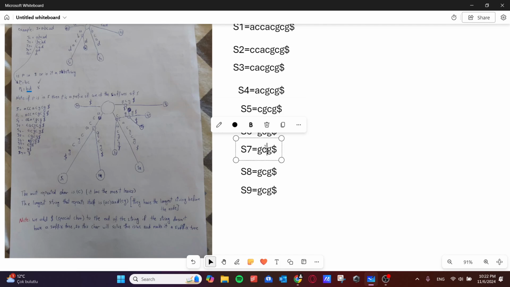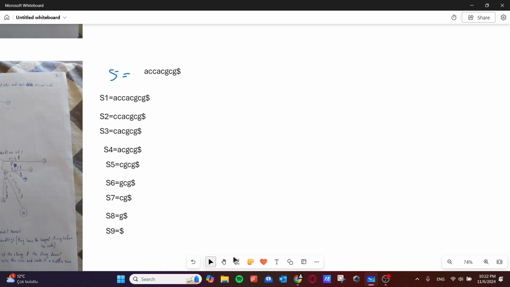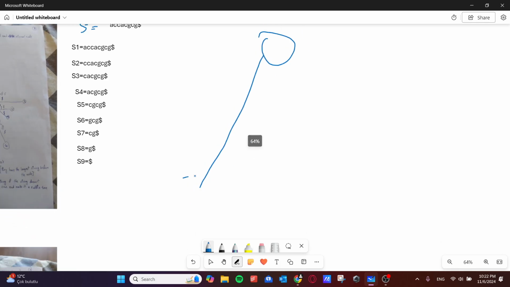This is okay. This is not. This is not dollar sign, right? 4, 5, 6, 7, 8, 9. Okay. Sorry. So let's start first of all with the first suffix.